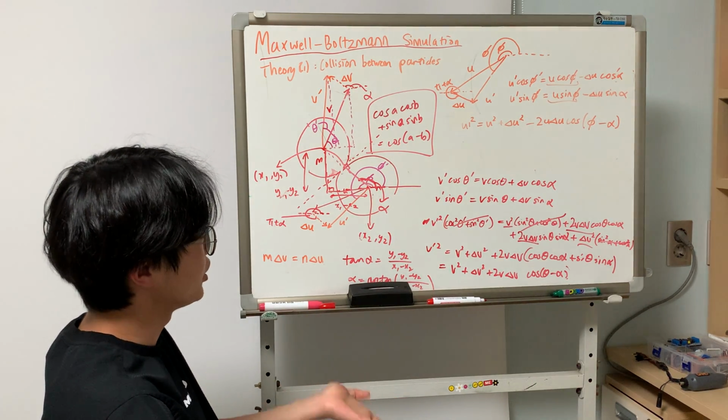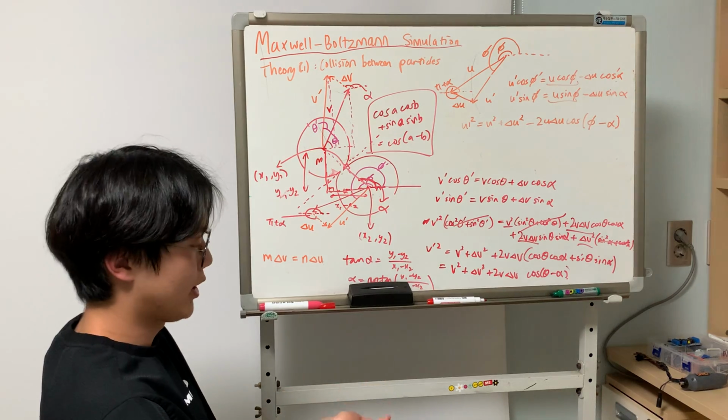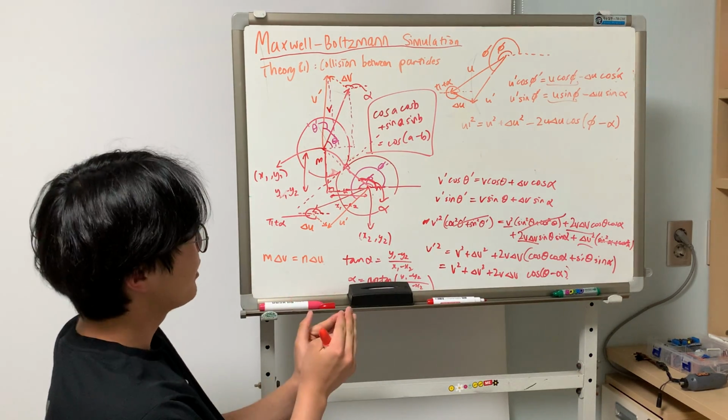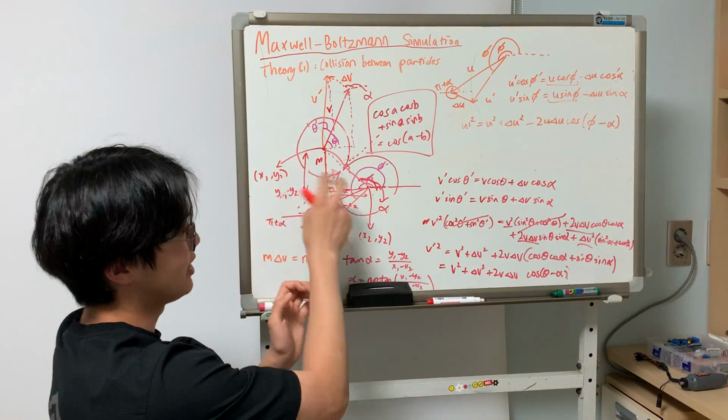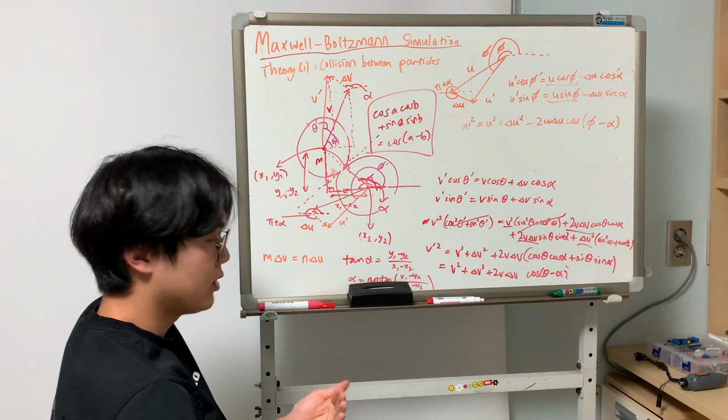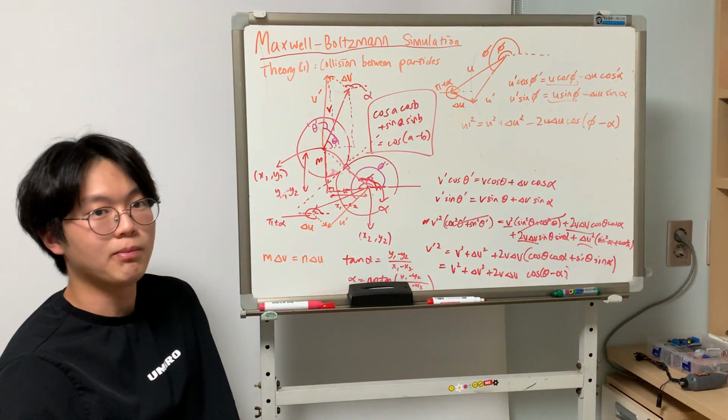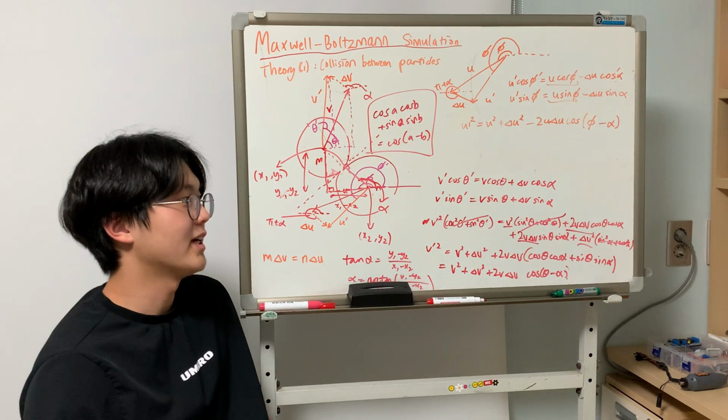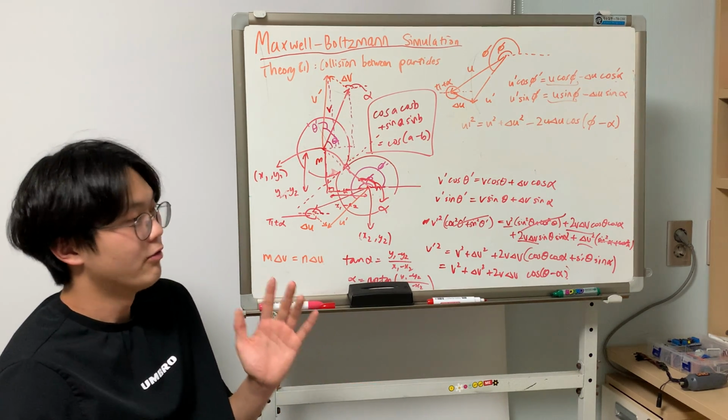So conservation of energy basically states that... well, first of all, I'm going to assume that this collision is perfectly elastic. In the real world, collisions between particles are not going to be perfectly elastic, but they are going to be very close to elastic.